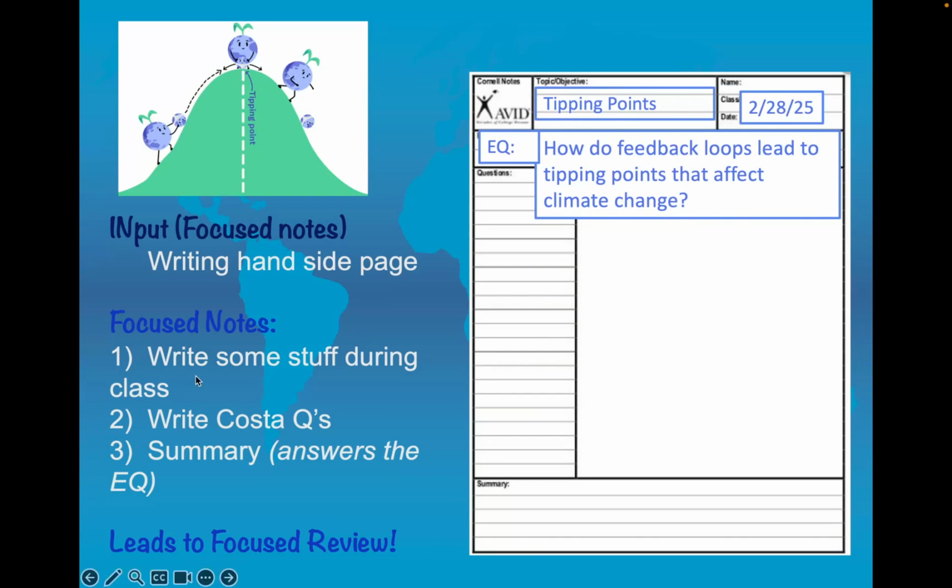This will allow you to have focus notes. The idea for focus notes is we write some things during the lecture. I'll also give you some time to write some COSTA questions, which helps you process the information. And then later, you can write a summary to answer this essential question. That gives you options for focused review as you are trying to learn this material.